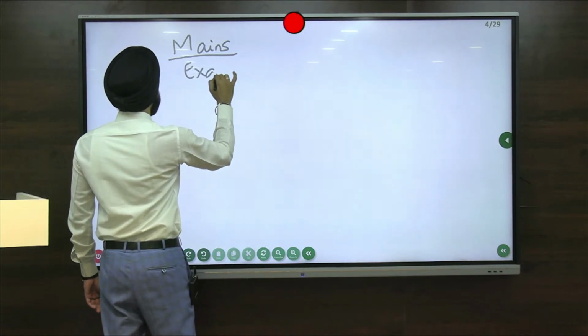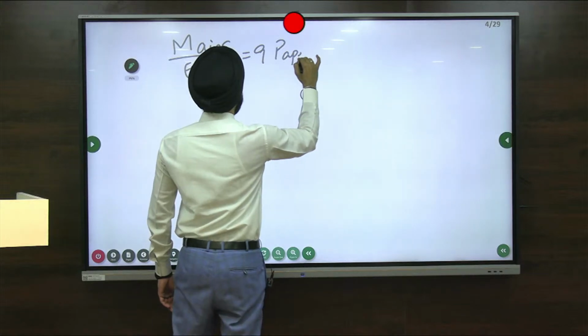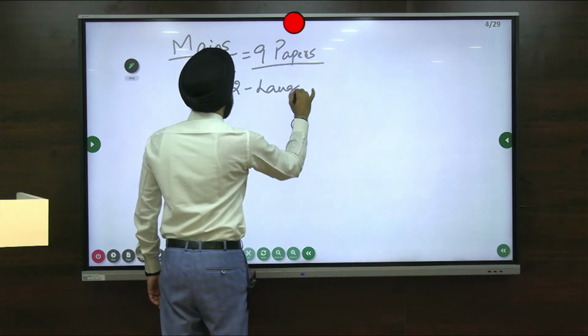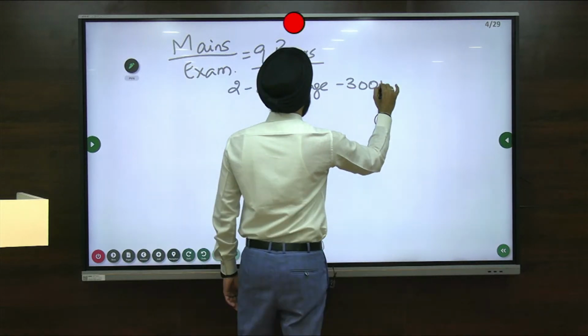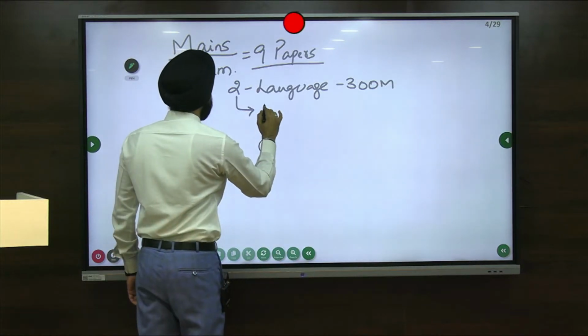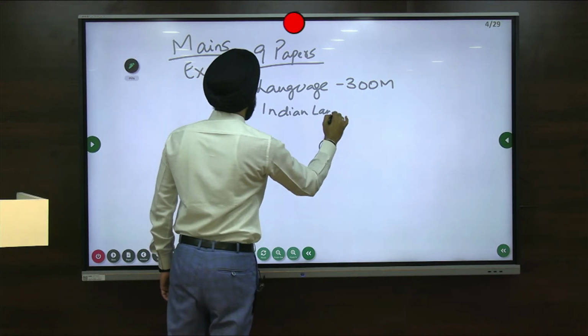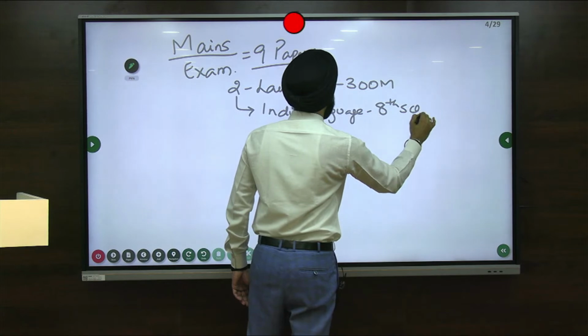In the Mains Examination, as we all know, there are a total of 9 papers, of which 2 papers are language papers, of 300 marks each. Which are those 2 language papers? One is a compulsory Indian language, any Indian language that is mentioned in the 8th schedule of the Constitution.